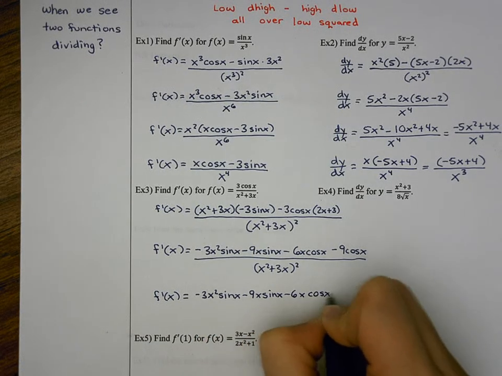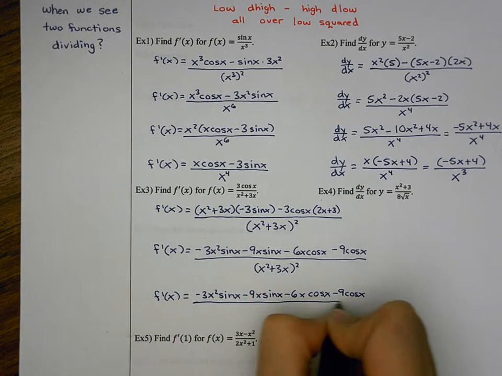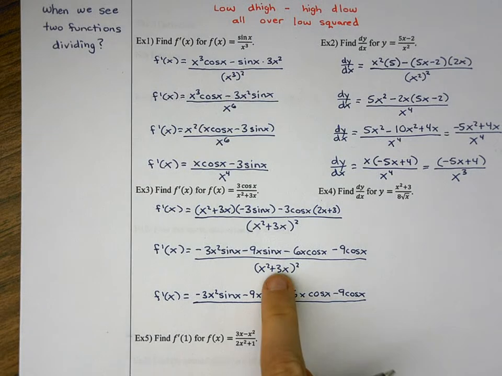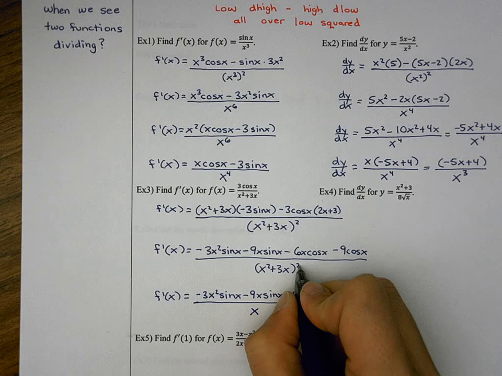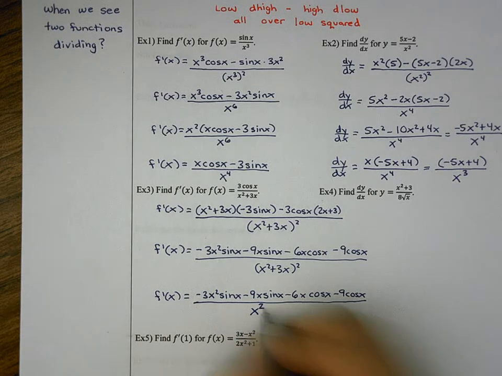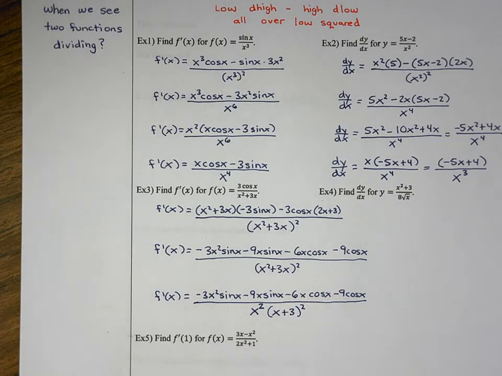It's a long numerator. But I could see something more like this, right? So one of the x squared plus 3x would pull its x out. The second one would also pull its x out, so x squared. And we would be left with just x plus 3 left for both of them. And so potentially something along those lines.